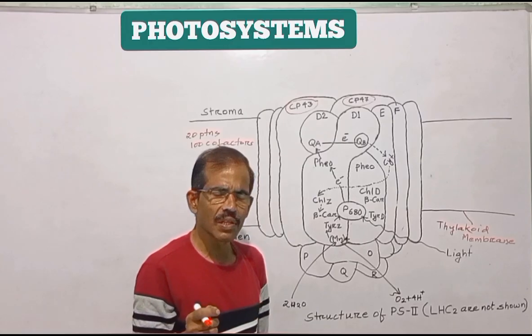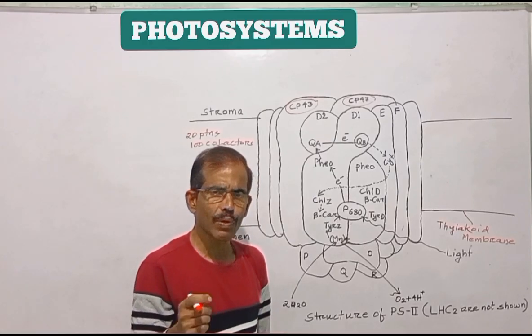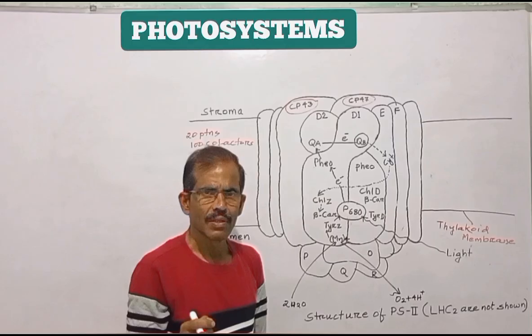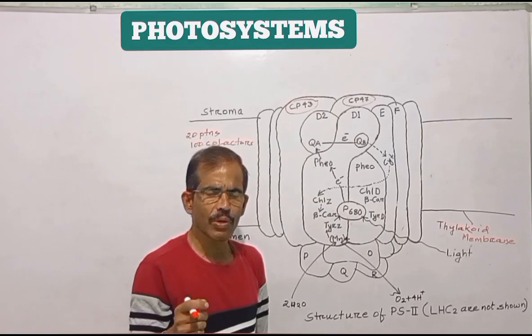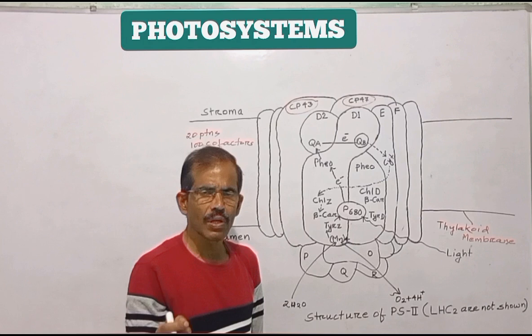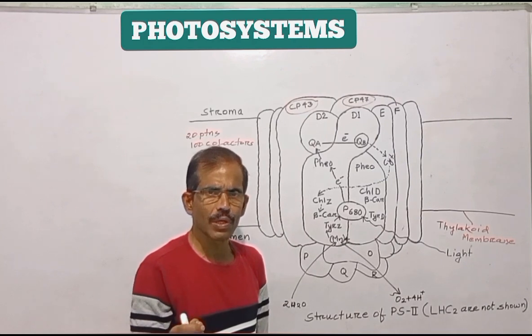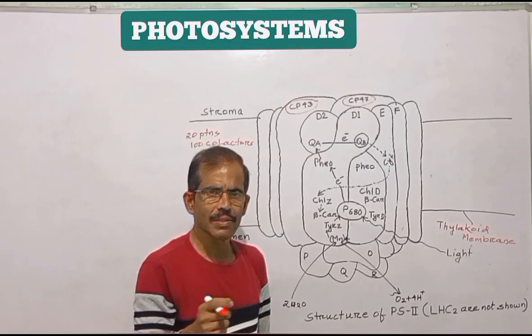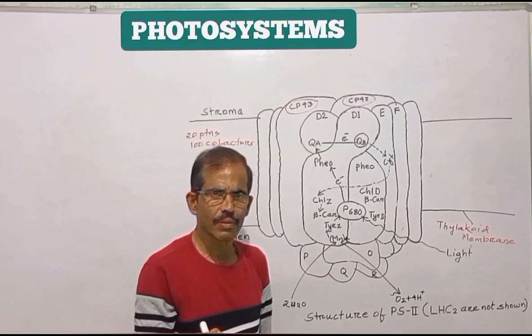This OEC is responsible for photolysis of water into oxygen, electrons and protons. OEC is not only a cluster but also relies on other proteins that stabilize it and help it function.